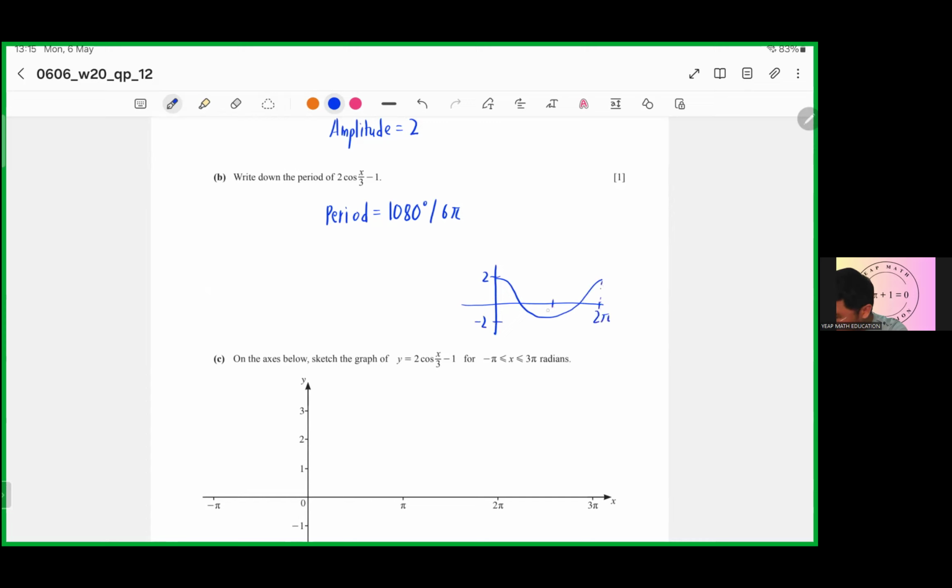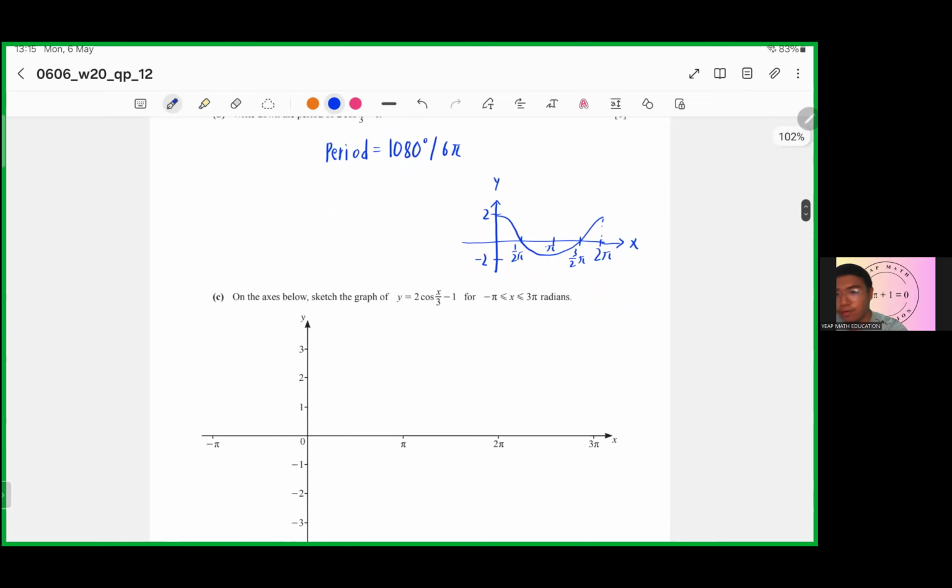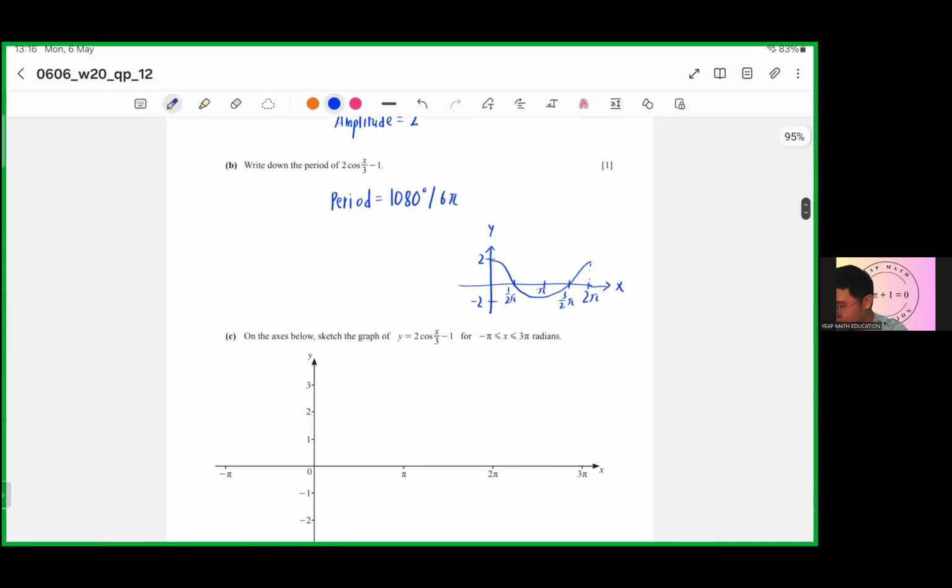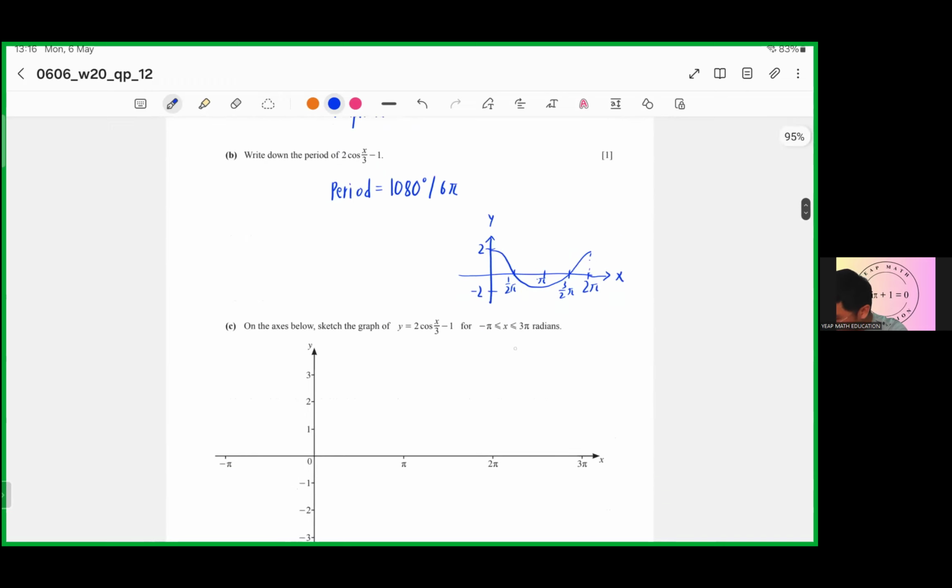But the period has already changed, so we just look at this part: 2 cos of 1 over 3 times 3 pi.